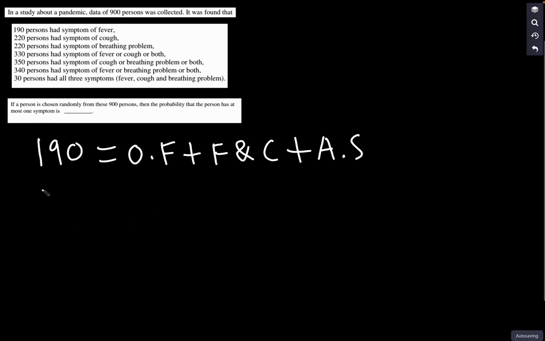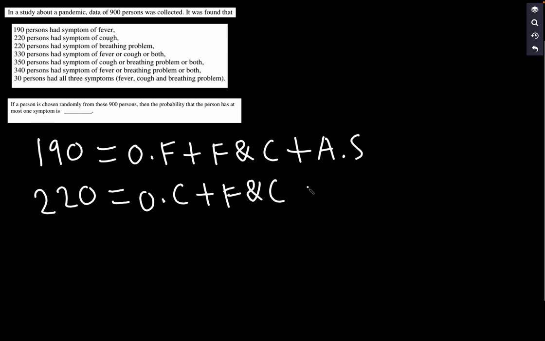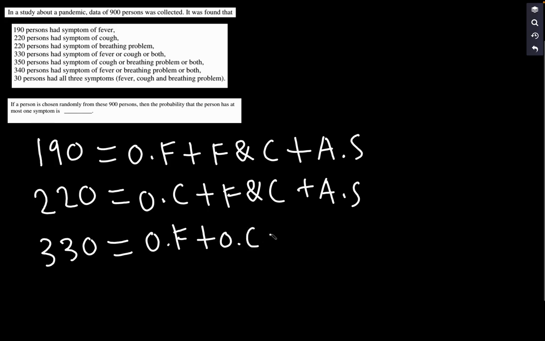And for the second equation, 220 people who have the symptom of cough is the sum of people who have only cough plus fever and cough plus all symptoms. And for the third equation, 330 persons who have the symptom of fever or cough or both consist of people who have only fever plus only cough plus fever and cough plus all three symptoms.